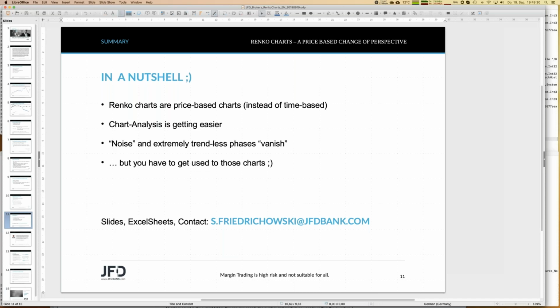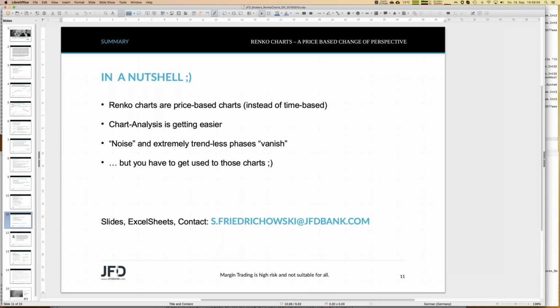Candlestick charts are time-based. They reduce 1 hour to 4 numbers, open, high, low, close, and illustrate those 4 numbers in a candle. Renko charts illustrate everything with price moves, with bricks, in this case up and down bricks.